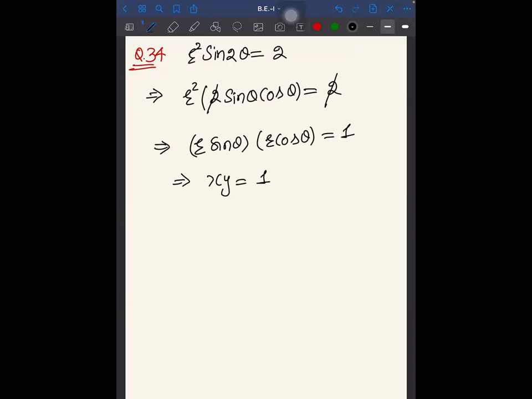And again, question number, let's say 33. r is equal to 5 upon sine theta minus 2 cos theta. So how do you do it?